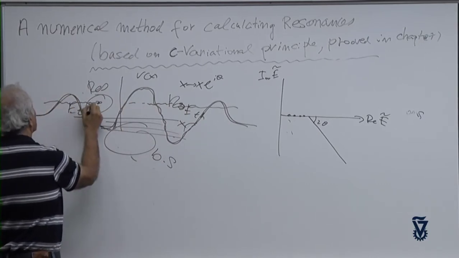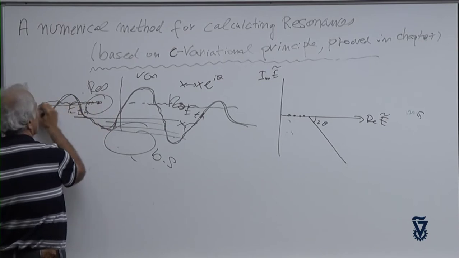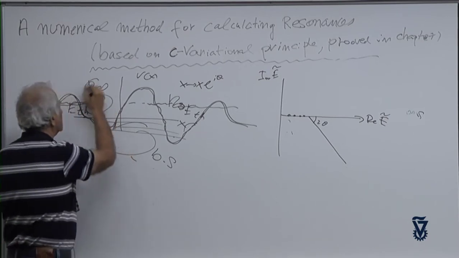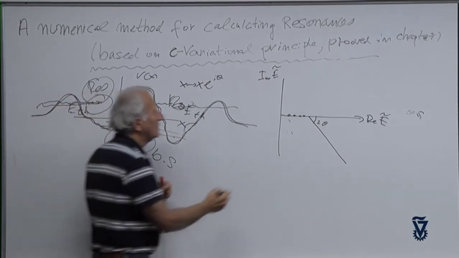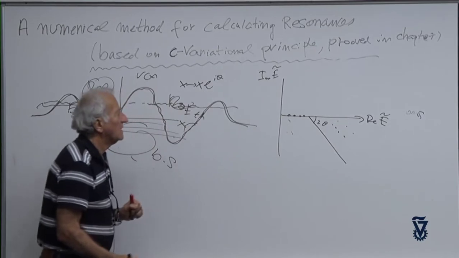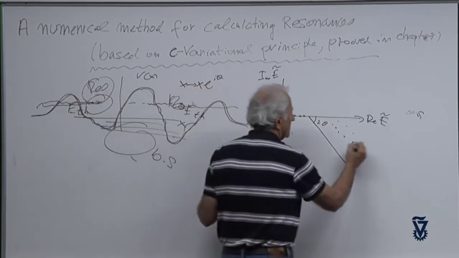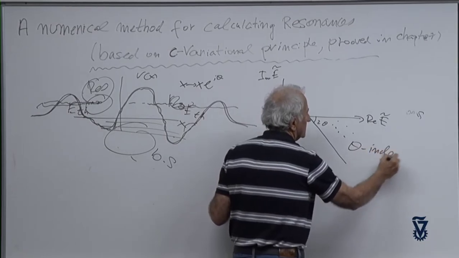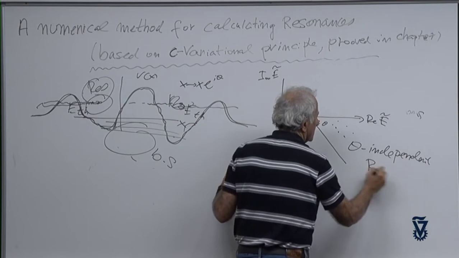And from here they can decay not only to the right, you can decay also to the left. So you have resonances here and here that can decay to both directions. And then you will get complex eigenvalues that are theta independent, that are resonances.